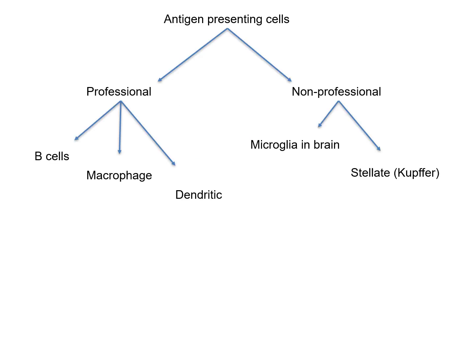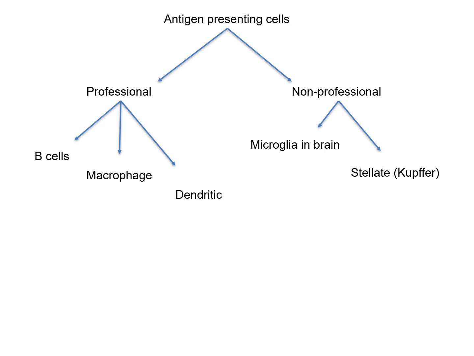There are different types of macrophages. There are different types of antigen presenting cells. There are different types of cells that devour foreign substances. So antigen presenting cells can be separated into professional antigen presenting cells and non-professional antigen presenting cells.